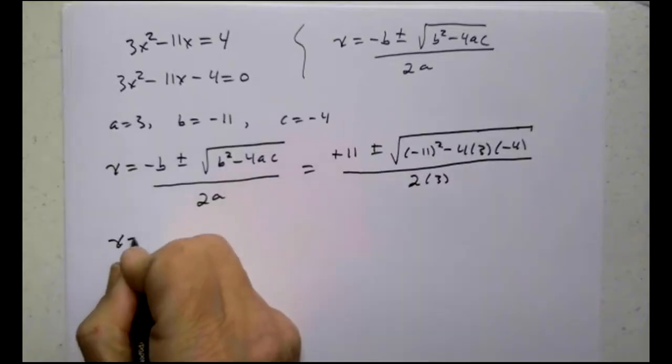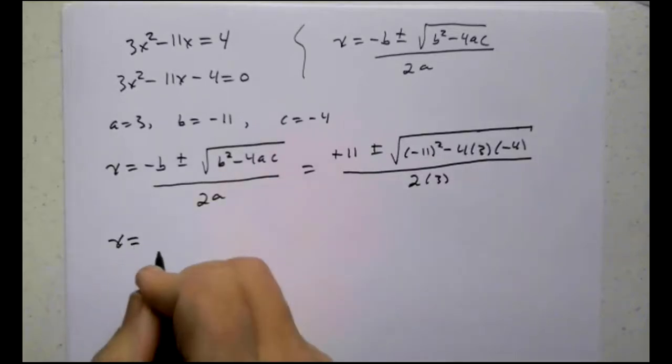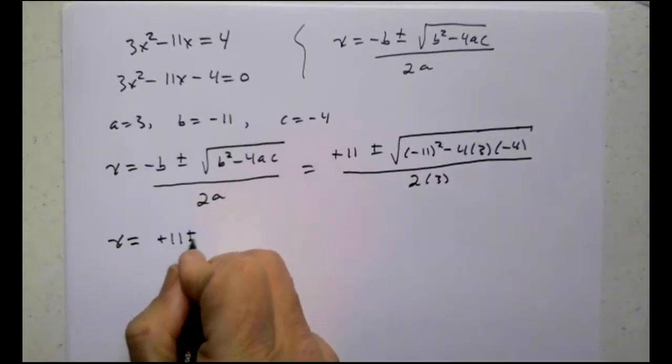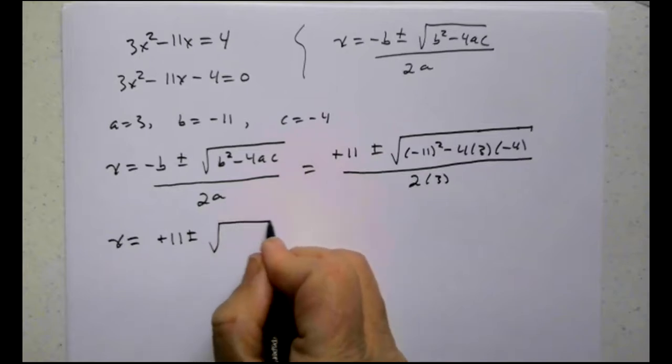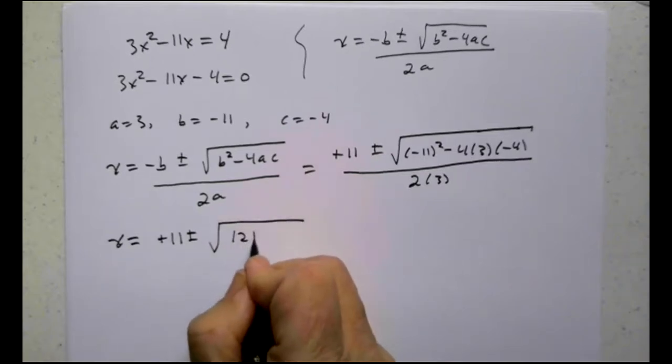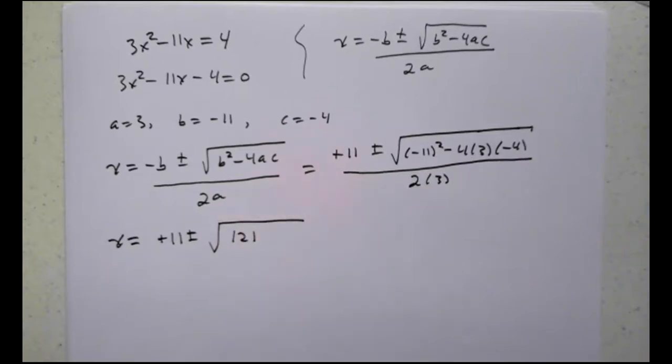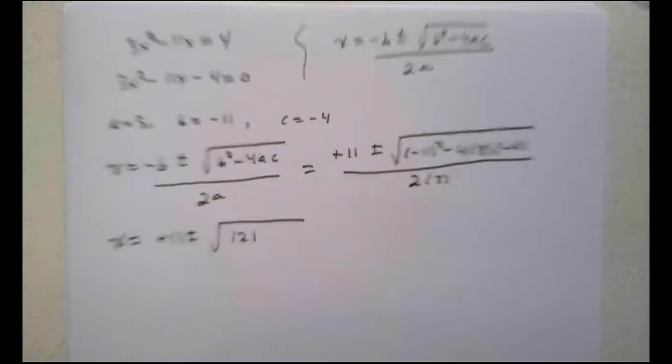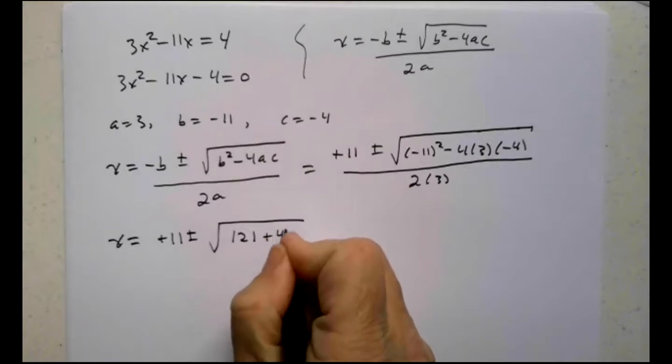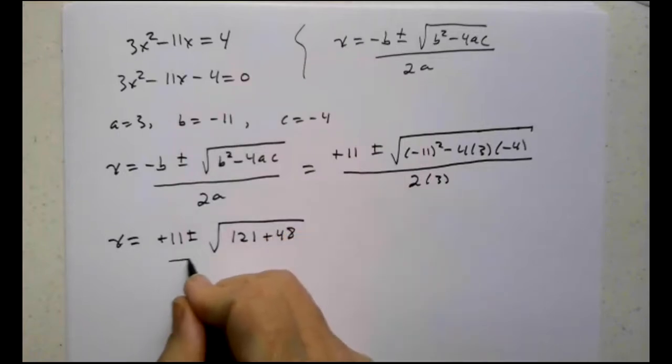So we get x equals positive 11 plus or minus the square root of negative 11 squared, which is 121, minus 4 times 3 times negative 4, that's minus negative 48, so plus 48, all over 2 times 3, which is 6.